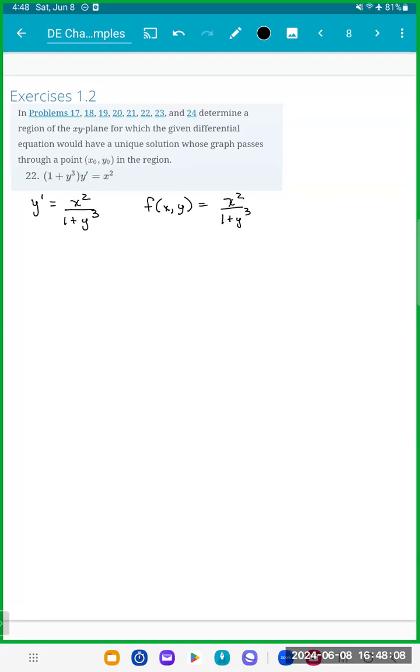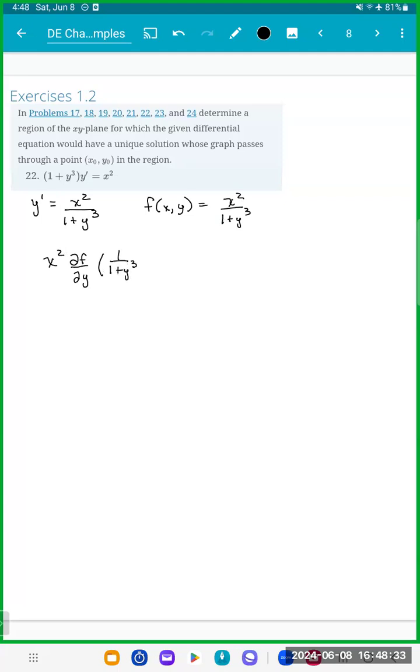And so we're looking here at these partial derivatives. What we have on this is going to be our x squared, and our partial derivative with respect to y is the 1 over 1 plus y cubed, right?